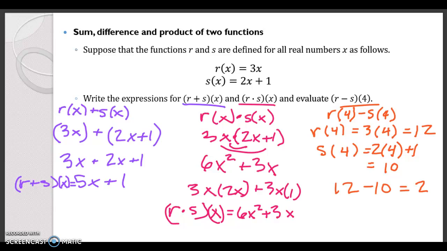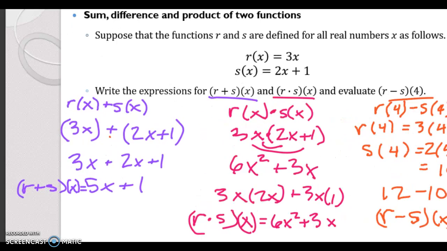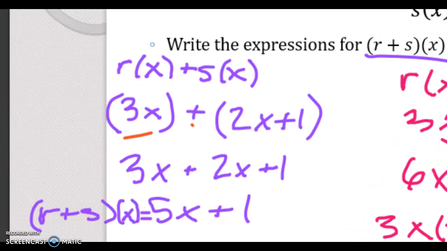You could also find r minus s of x just like we found r plus s of x, but we would have a subtraction in between them, and then we would plug it in. So let's say we have a subtraction right here instead.